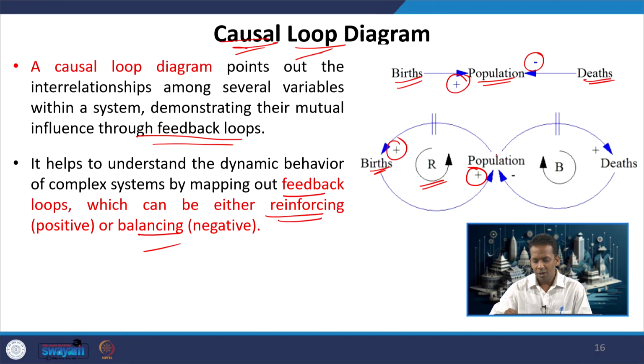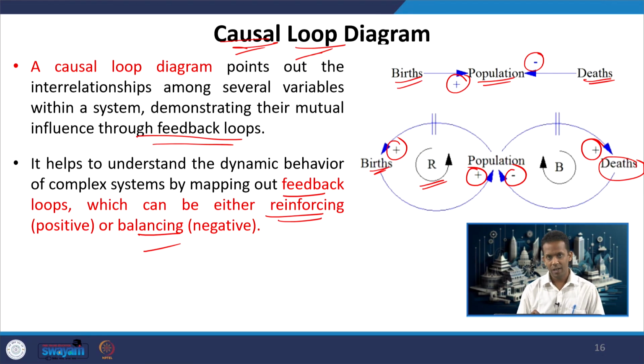Now, if there is more population, just like there are more birds, there will be more deaths. If there are more people living, there will be more deaths, and if there are more deaths, the population will reduce. So, this is not a reinforcing effect. Unlike more birth, more population, more birth, it does not go with the death.